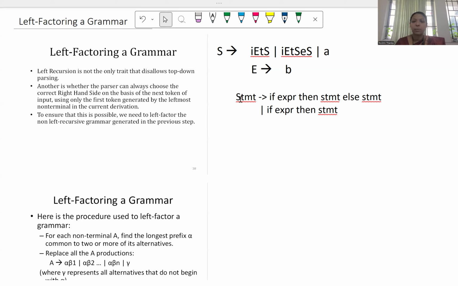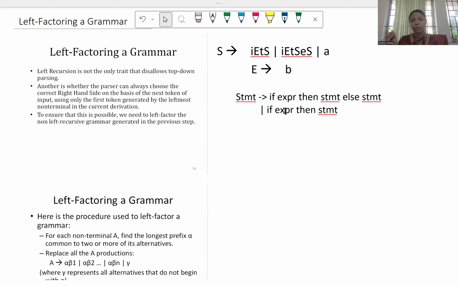Statement can start with if followed by expression, then statement, else statement. In the second production, statement can also be if, expression, then statement. In both productions, they start with the same prefix. Here is an if, here is also if. Here is expression, here is also expression.